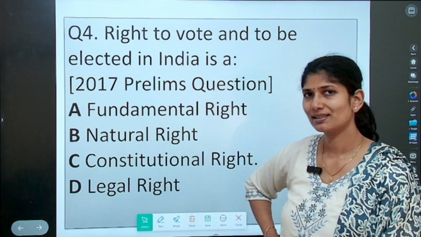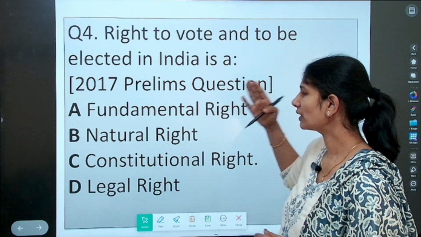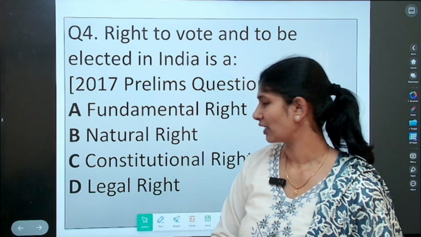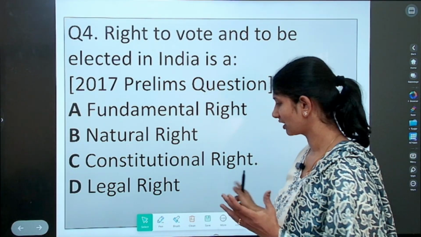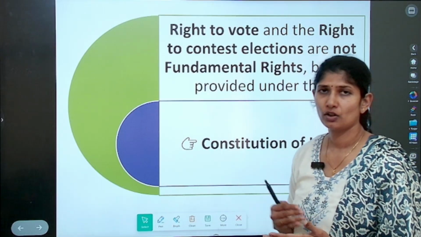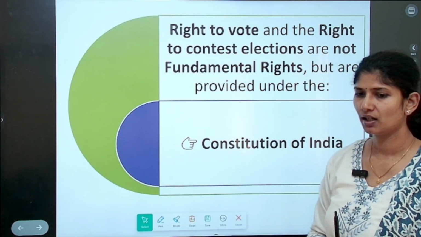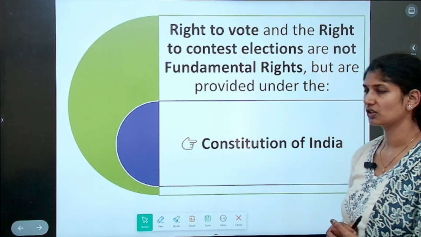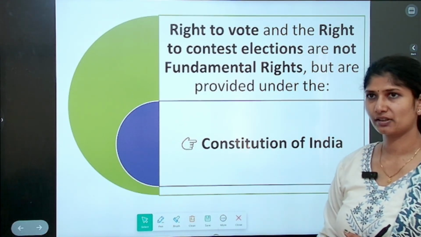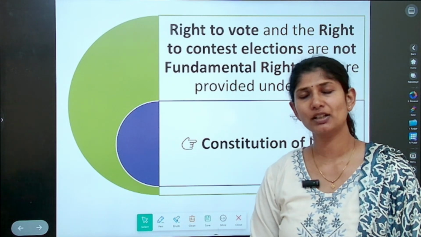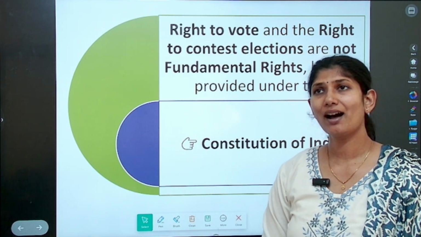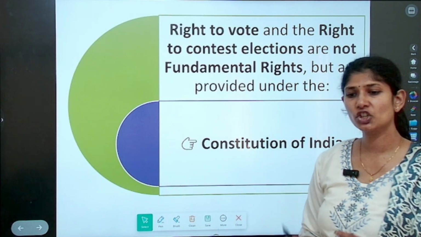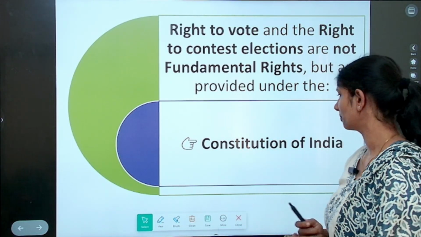Your judiciary has clarified that your right to vote will not come under fundamental right. We do not recognize much of natural rights. Legal rights are more like your secondary rights, which are coming from your statutory acts. If you say right to vote and right to contest elections are not fundamental rights, which means they are not provided from Article 14 to 32, but they are specified in the Constitution. Okay, they are mentioned in the Constitution.